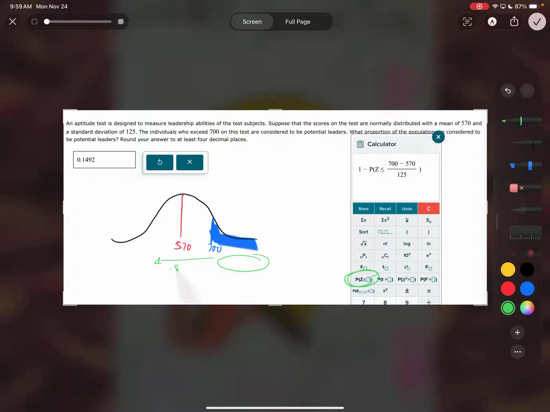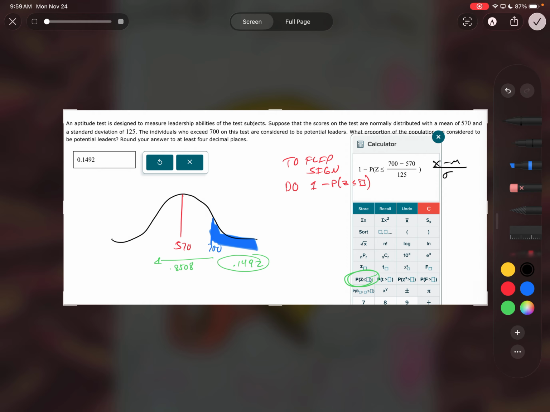This would be like 0.8508, so this would be 0.1492. So that would be like 85% to the left, and then you flip it: 100% minus the 85% would be 15% to the right. Okay, so to flip the sign, do 1 minus.